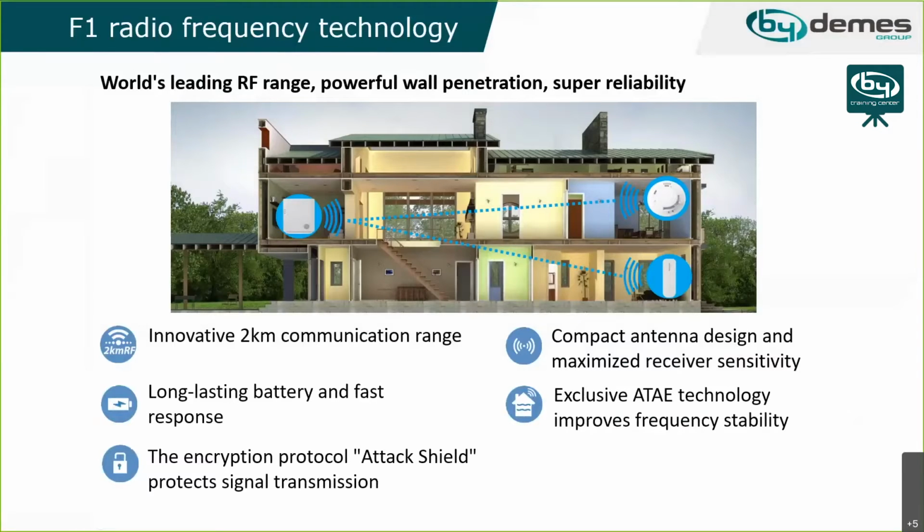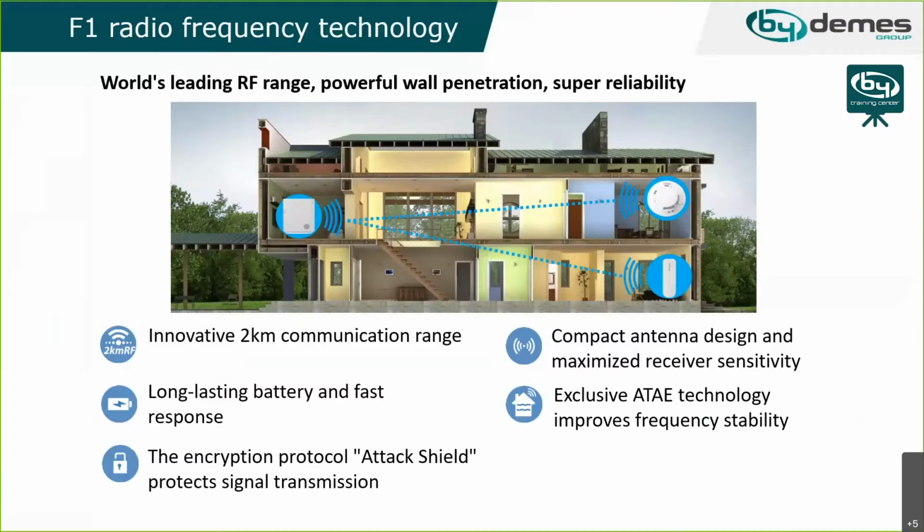The radio frequency is called F1. It's a private protocol used by Climax. It has a powerful range, 2 kilometers in open areas. This is very powerful, and it also gives a long battery life for the devices because it transmits at one power level or another, depending on the distance between the device and the panel.